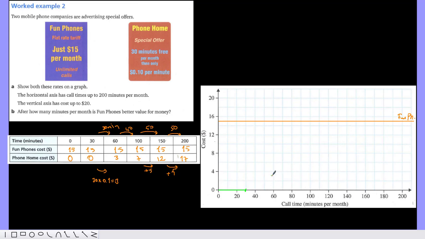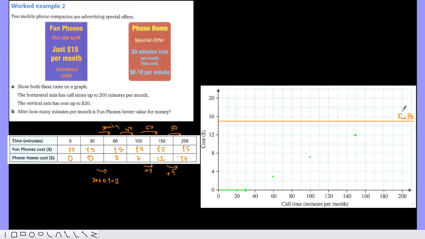For 60 minutes it's going to be 3. Then for 100 minutes it's going to be 7. For 150 minutes it's going to be 12. And here for 200 it's going to be 17.